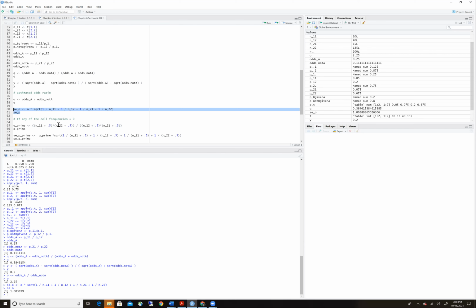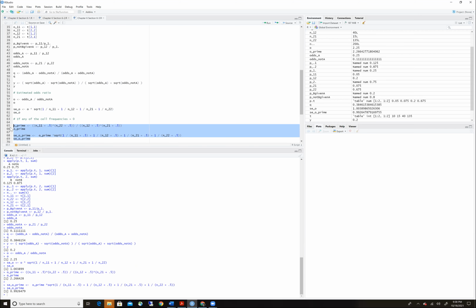You use this whenever you have any of your cell frequencies equal to 0. Essentially, we don't want to have anything that has to divide by 0. So we're just adding 0.5 to reduce the bias and make sure that nothing is undefined.